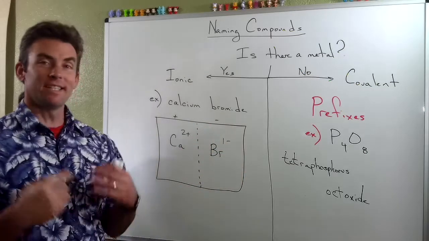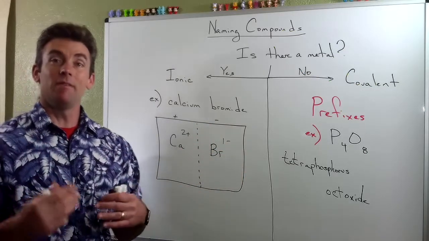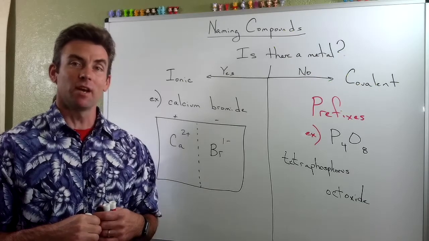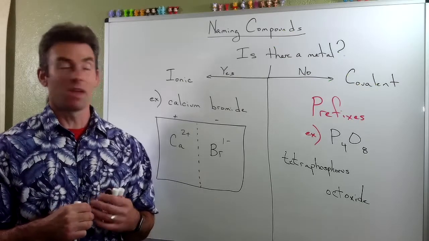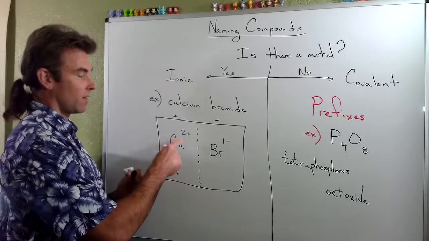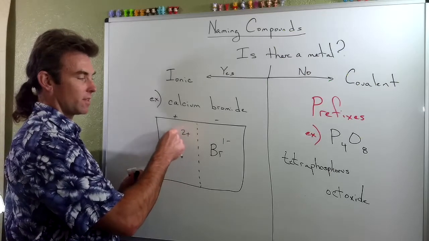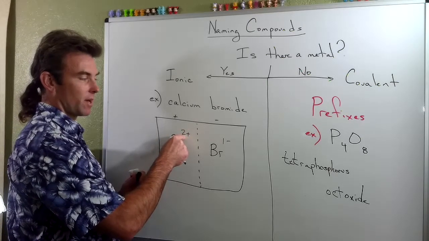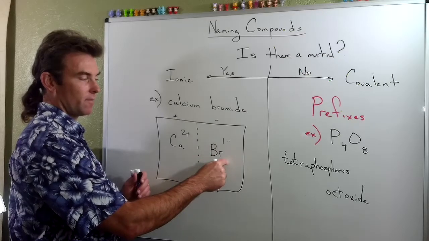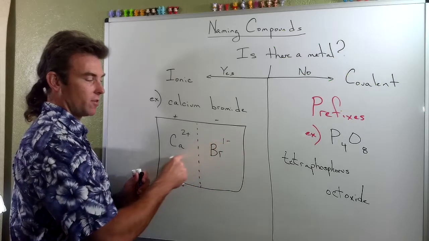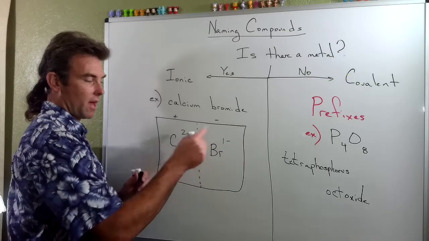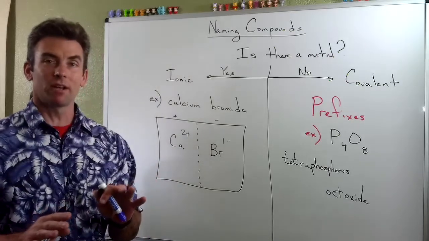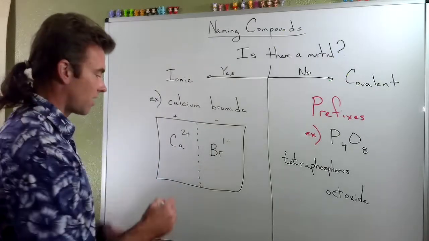What you'll notice is that we are unbalanced. If you look at some of the previous lecture videos, we do the Crossy trick, right? The Crossy trick is that thing where you take the number that's with the charge of the metal and you drop it in front here, and then you take the number that's there and you drop it in front there. And it turns out that that would give us our answer, right? That's our answer to this thing.